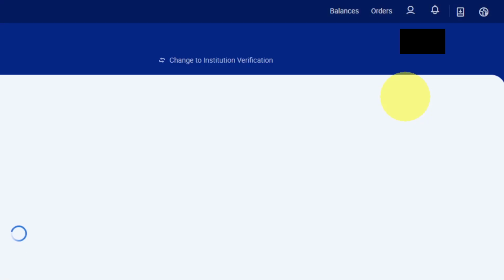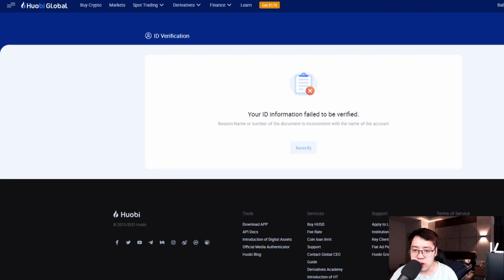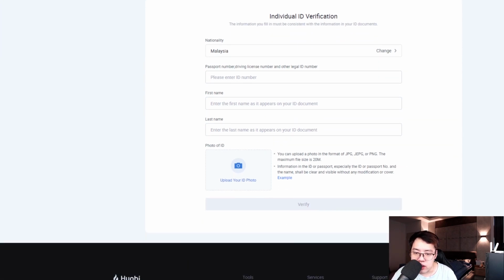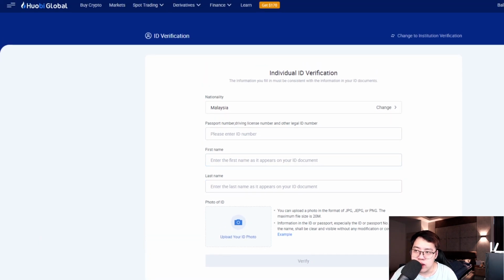Once you click on identification, it will pop out another screen which needs you to verify your KYC. You need to put in your ID number, your first name, your last name, and also upload your ID card. Once you have uploaded all the needed documents, just click verify, and they will start the verification for you.